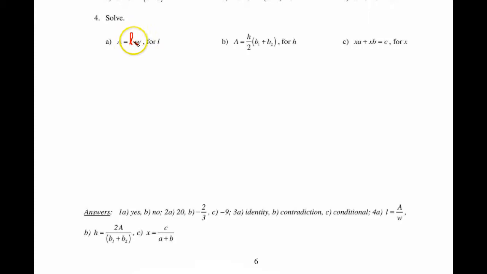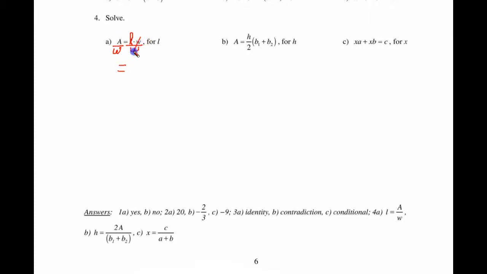Well, it's L times W. So this is a factor, and we get rid of factors, or in a sense, a letter coefficient, by dividing. A factor divided by itself will make it 1.